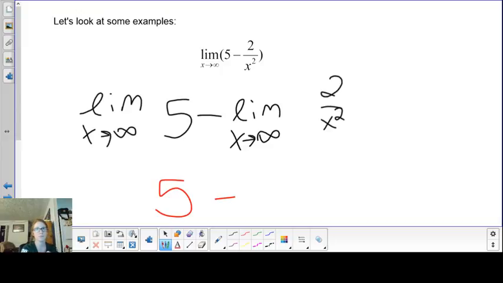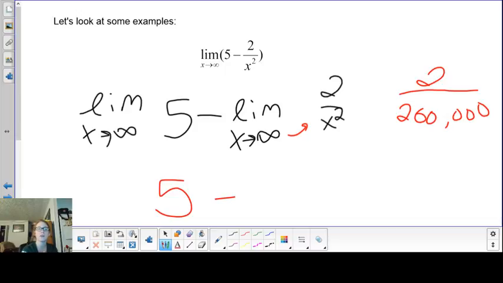And then when you plug in infinity down here in the bottom, it's like saying 2 over a really, really big number, say 200,000, for example. If you plug that into a calculator, you get a really small decimal, something like 10 to the negative something.